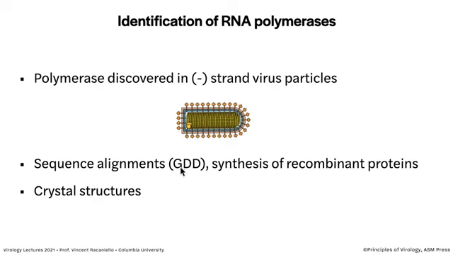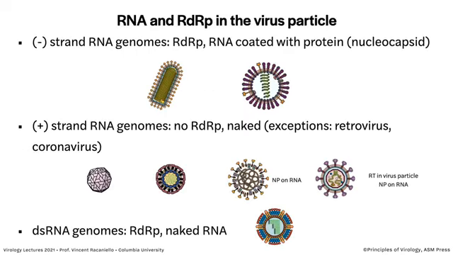And there's a signature amino acid triplet, GDD, Gly-Asp-Asp, which is a signature for the active site, as you'll see. So if you have what you think is a polymerase, you can just look for this. Confirm it. Then you can, of course, make the protein from the DNA and show that it has activity. And now, of course, we have many crystal structures, 3-dimensional structures of these polymerases.